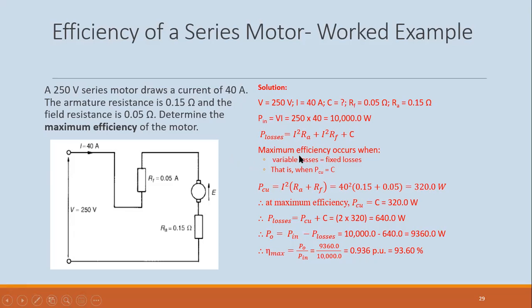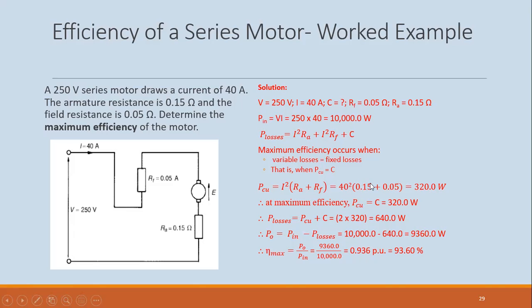So maximum efficiency occurs when variable losses equal fixed losses. So that is when PCU is equal to the constant losses. All right. So PCU is I squared into RA plus RF.